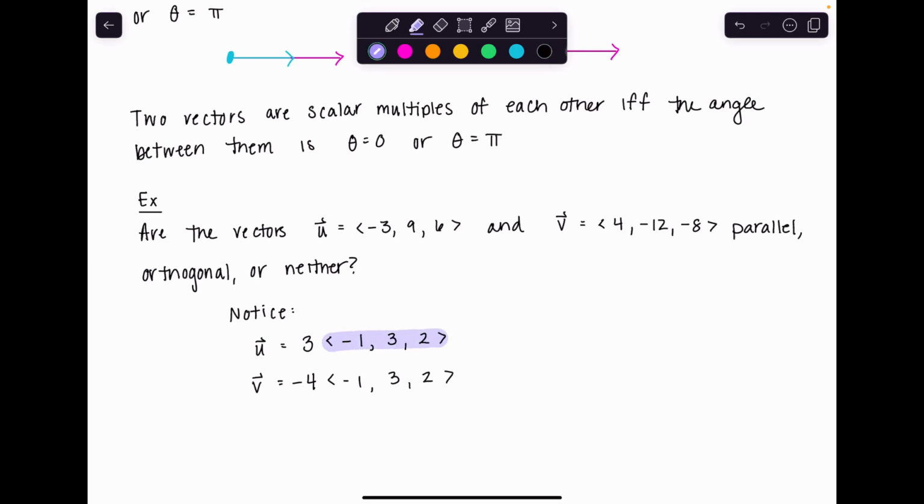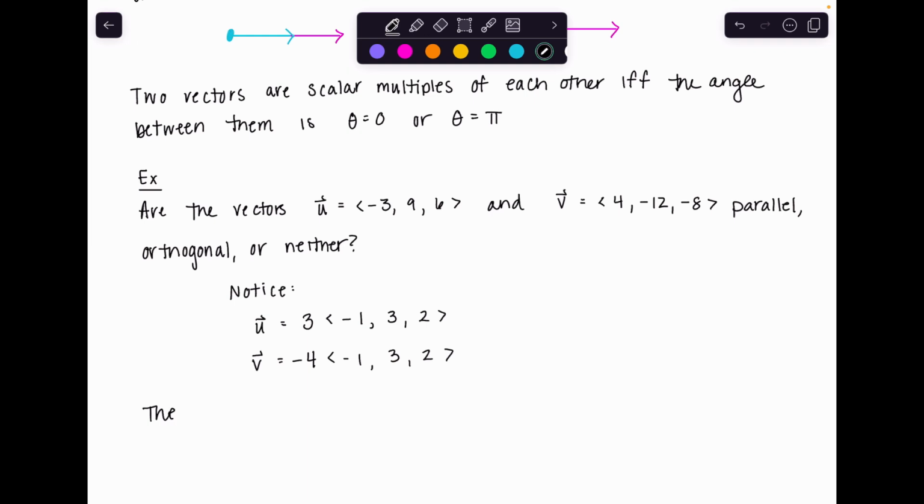So these two vectors have the same basis, and I'm just multiplying it by something else. So to make this vector exactly the same, I would take this and multiply it by -3/4, because that will put a 3 out front. So these two vectors are scalar multiples of each other because they're working with that same base vector.